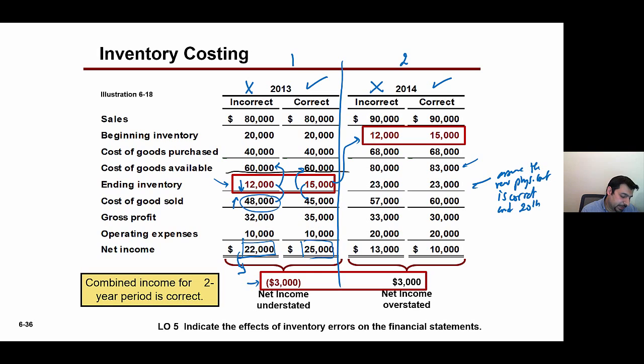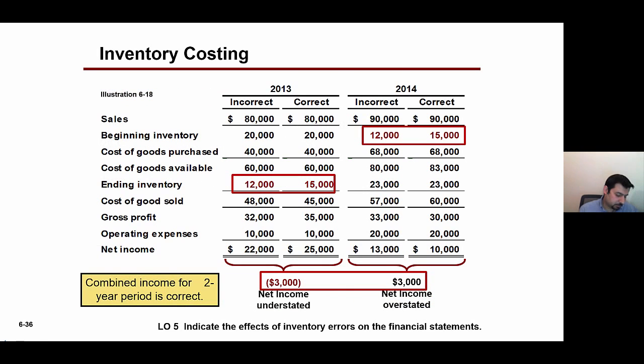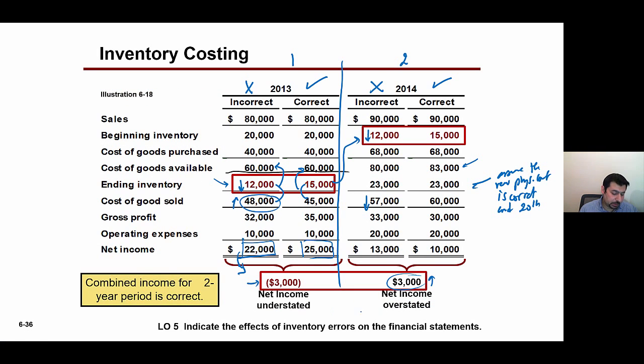Now, because the beginning inventory is understated, we see that the cost of goods sold will also be understated. Here the net income will be overstated by 3,000. So the effect of the 2 years together, this one will offset the previous understatement.